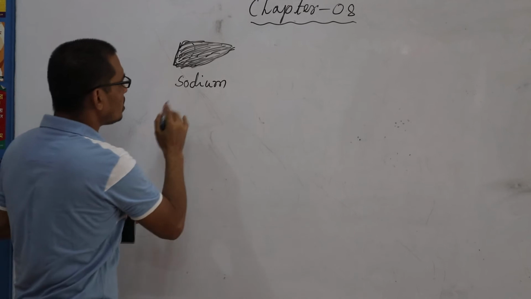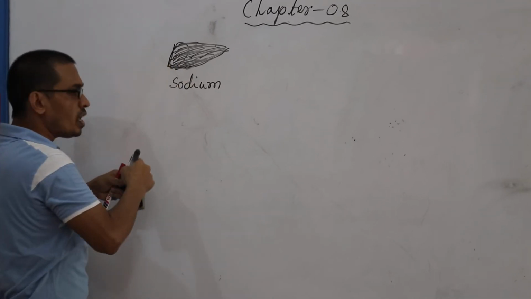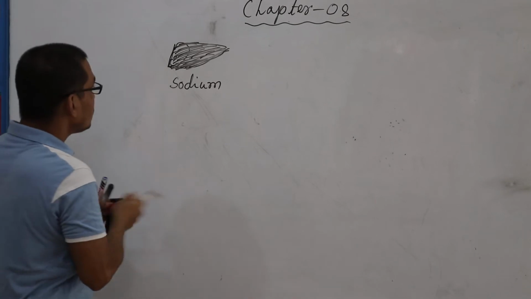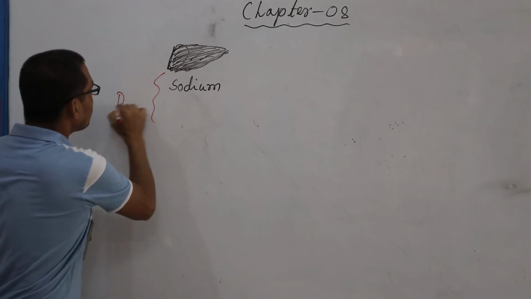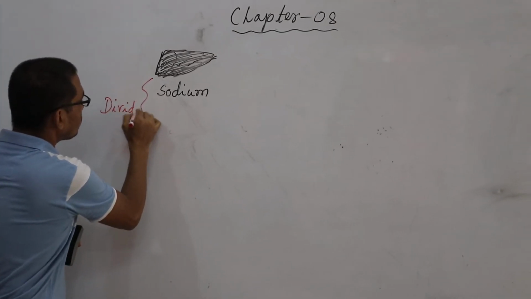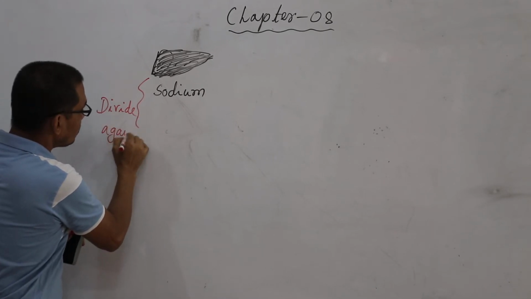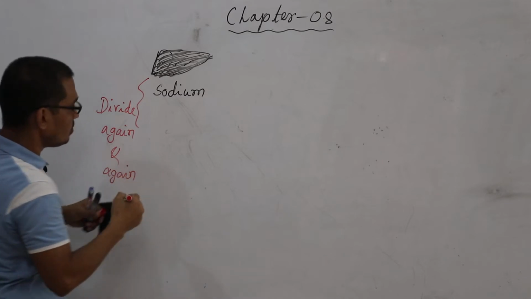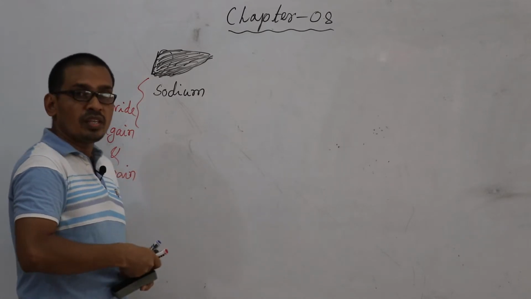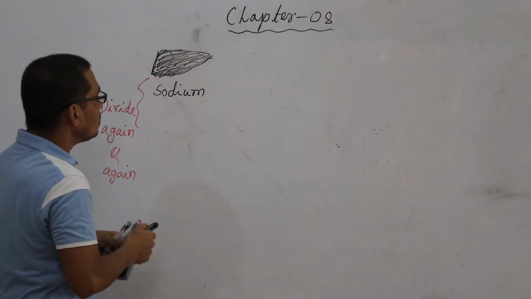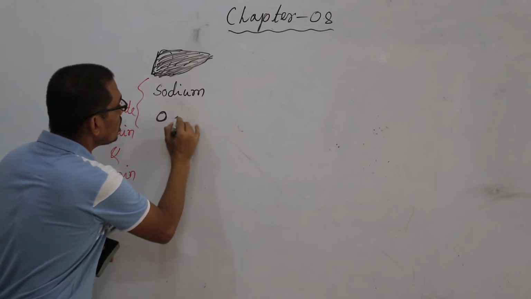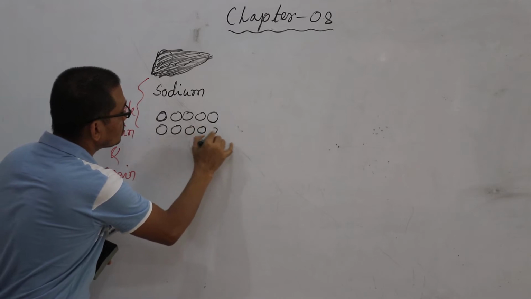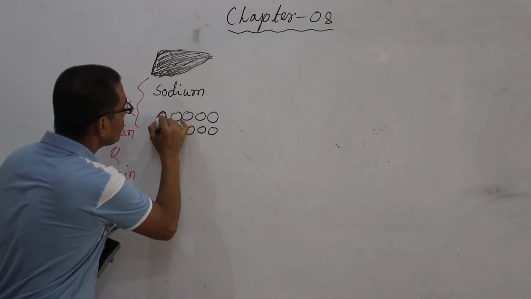If you break it or divide it again and again, you will get a smallest particle.